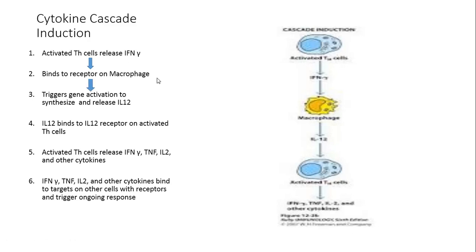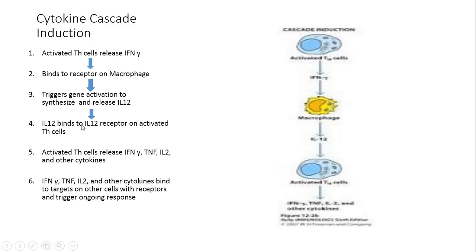Once the gamma interferon has bound to the receptor on the macrophage, what happens? It triggers genetic activation within the macrophage to do what? Synthesize and release interleukin 12. So the macrophage is triggered by binding of interferon gamma to its cell surface, begins the genetic activation to synthesize and release interleukin 12.